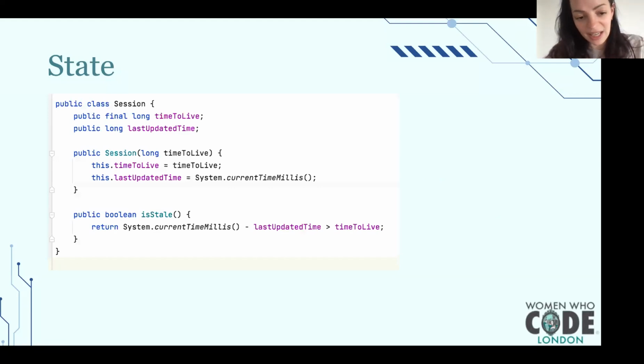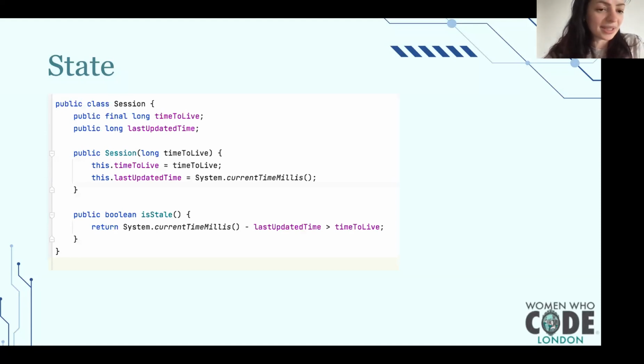The thing is that state is stale when the current time is more than the difference between last update time and time to live. So I just put it in the session class for now.